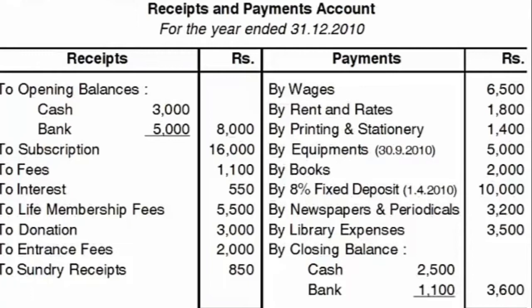This opening balance of cash and bank is related with the last year. So this we can enter in previous year balance sheet. Correct. And balance carried on also is there. Closing balance also there. This closing balance is related with the current year. So this we can enter in current year balance sheet.